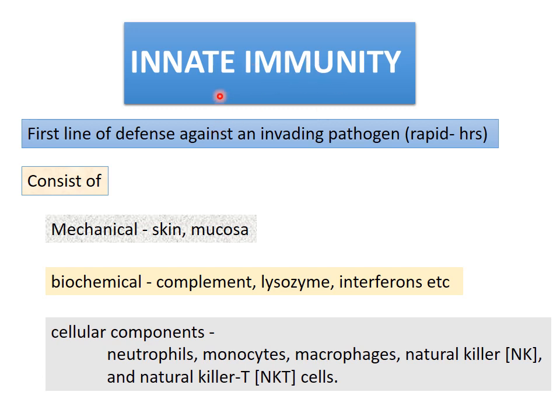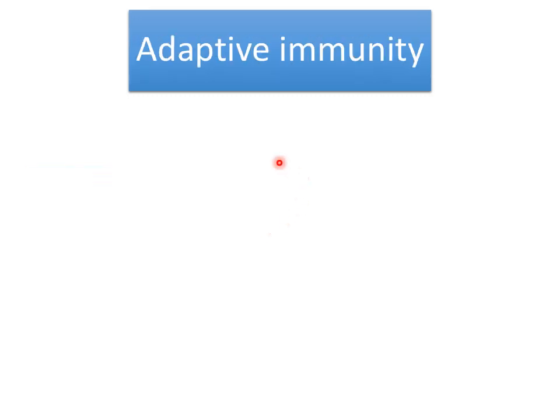Adaptive immunity is antigen specific, but innate immunity is not antigen specific. So unlike adaptive immunity, the innate immunity exists prior to infection, is not enhanced by the repeated infection, and is generally not antigen specific.